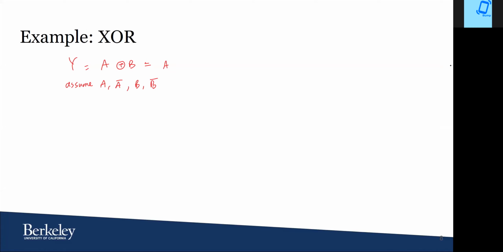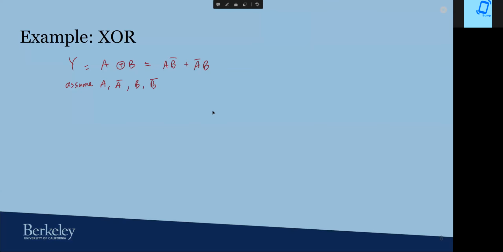A... I think you can do A and not B, or not A and B. Perfect. Okay, but this expression by itself is not amenable to generating a CMOS logic gate. It's not very clear how you would design the pull-down and the pull-up network from this expression.